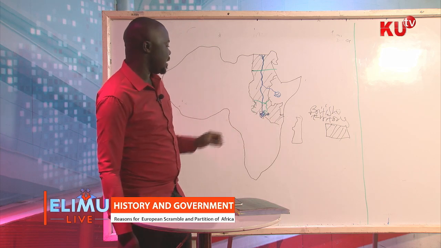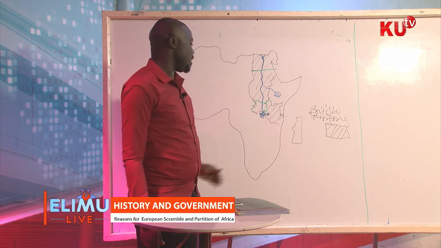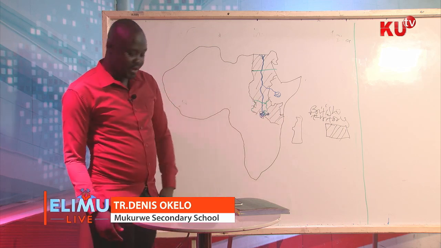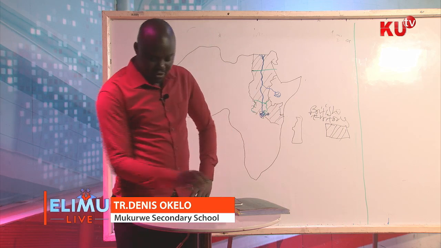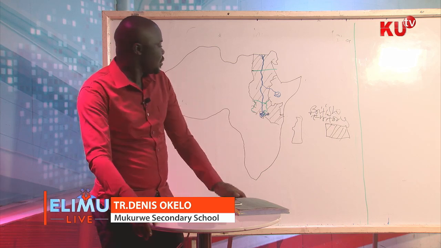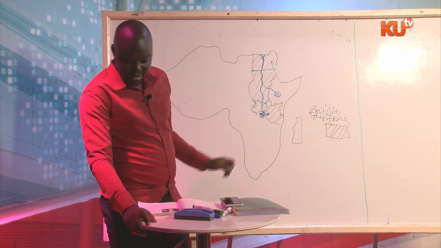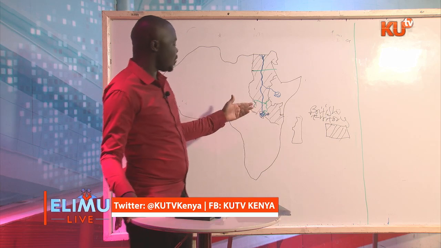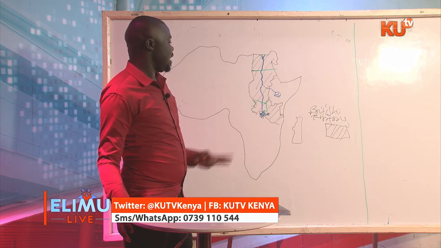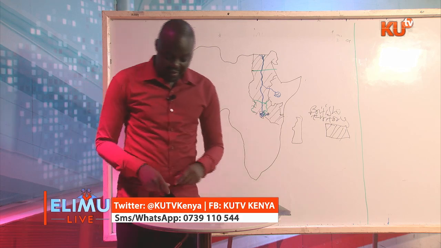Because most of the rivers that fill Lake Victoria, which is a contributory to the River Nile, are from the Kenyan territory. So by default, this source of Nile ensured that these people colonized that part. Even countries like the French and the Germans were also interested in colonizing Uganda. But I'll save that for the next lesson. I'll tell you why the British are the people who succeeded in colonizing Uganda, but that is in the next unit.